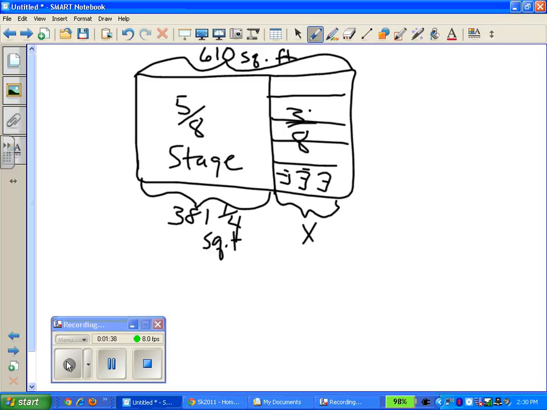Nikki? Well, you have to subtract, because you have to figure out what plus what equals 610. Good, we're going to subtract because you have to figure out what plus what here is going to give you 610. So 610 take away 381 1/4.